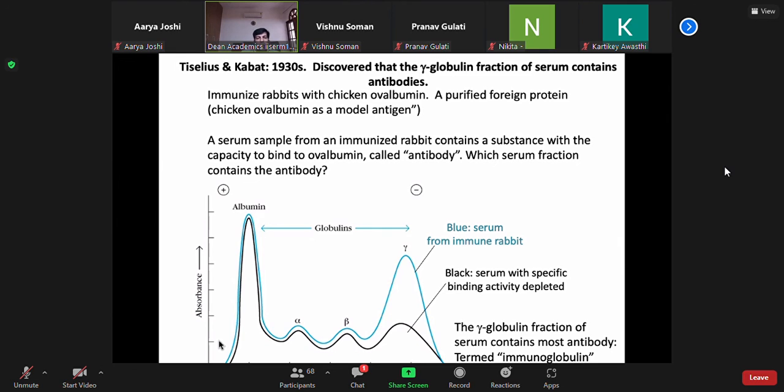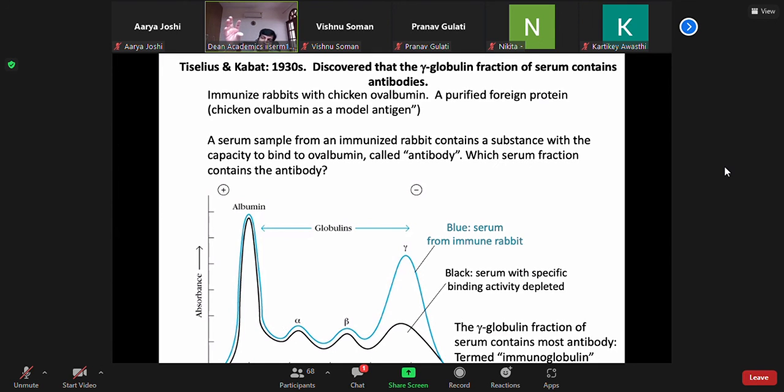And the experiment is called electrophoresis, rather immunoelectrophoresis. That will come in the next slide, but for the time being, just look at this thing here. You have two lines here. One is this bluish line, and another is black. The black line is where you had this serum.